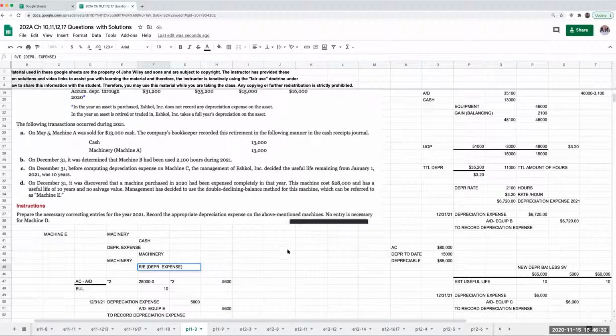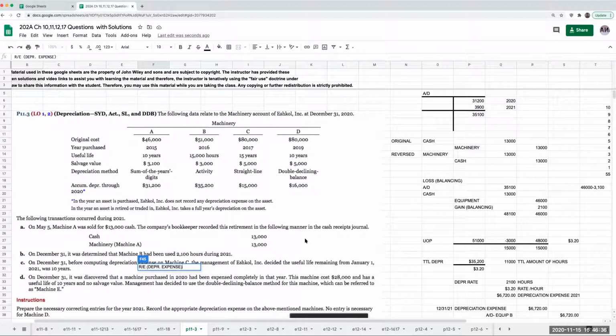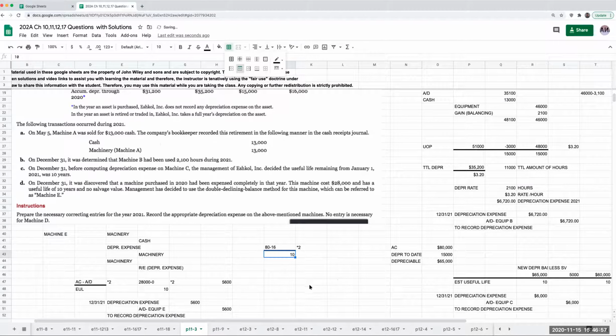Okay. Last one here is to do letter D. So for letter D, this is going to be my original cost minus the accumulated depreciation to date. I'm dividing this by 10, which is my estimated useful life, and I'm multiplying this by 2. So for this one here, this is going to be 80 less 16, or 64, divided by 10 times 2.